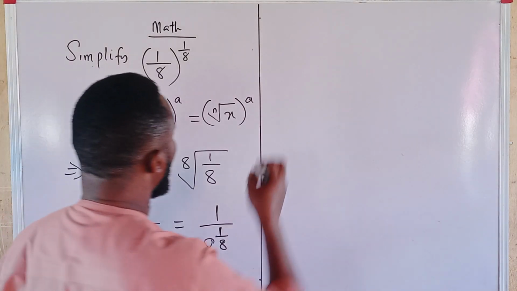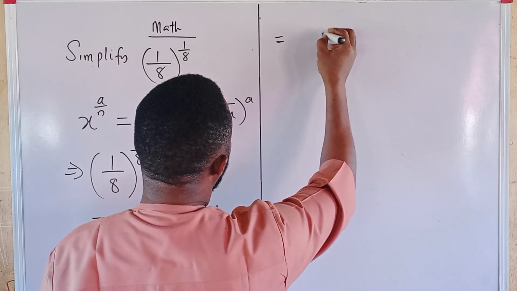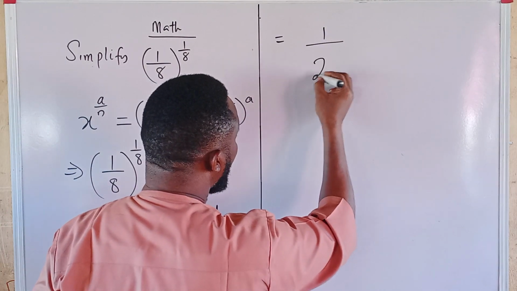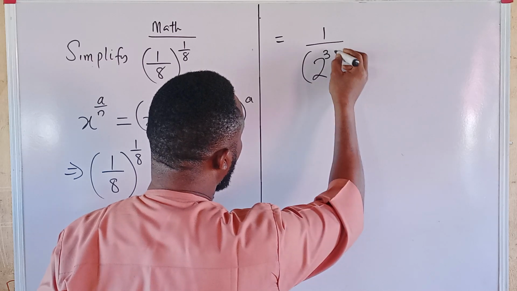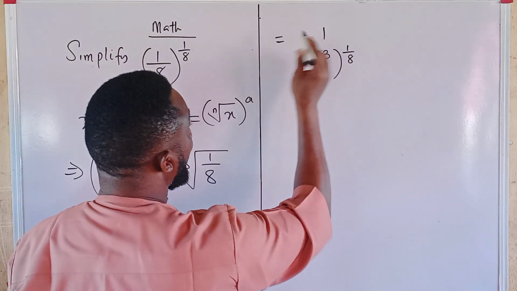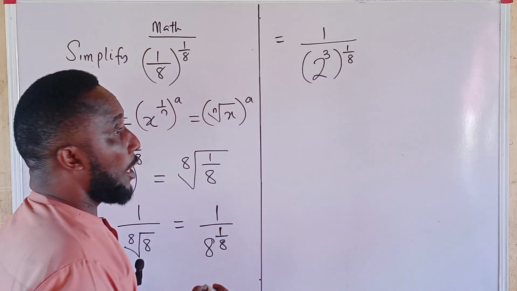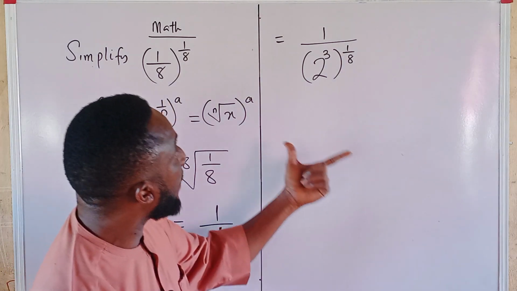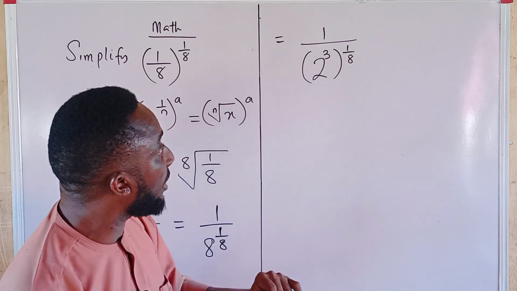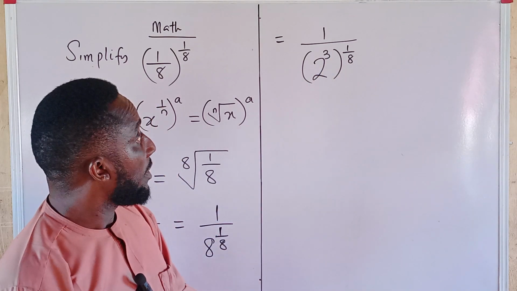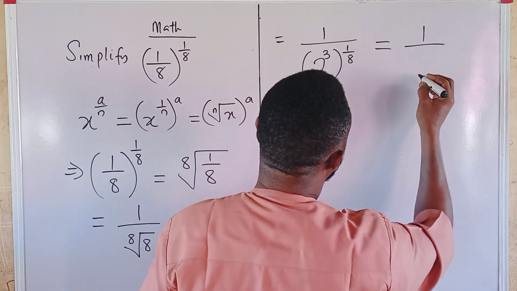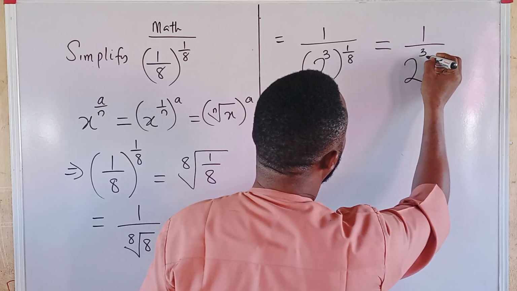So I can say this is the same thing as 1 upon, in place of 8, 2 to the power of 3, then all raised to the power of 1 upon 8. Then the power rule of exponents states that if a power is raised to another power, we multiply the powers. So 3 multiplied by 1 upon 8 gives us 3 upon 8. So I can write this expression as 1 upon 2 to the power of 3 upon 8.